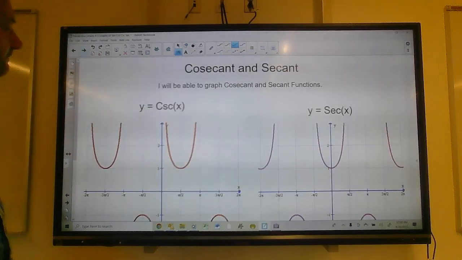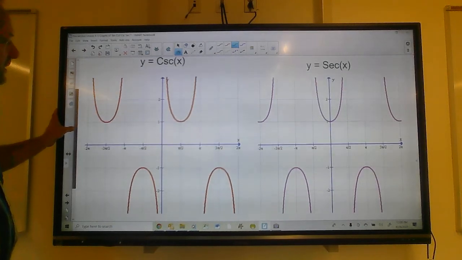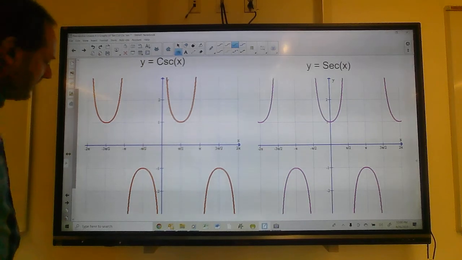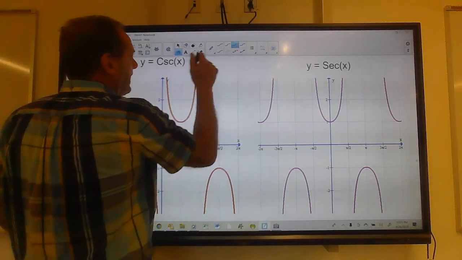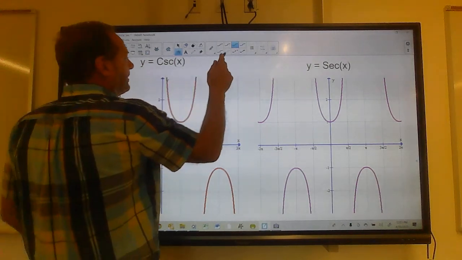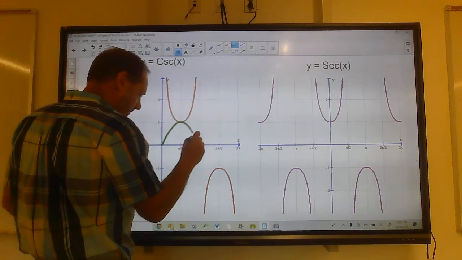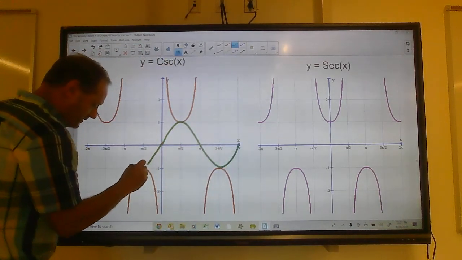Okay, let's look at cosecant and secant. So here's cosecant. And I always like to look at the sine and the cosine when I have a secant and cosecant. So the sine would look like this.